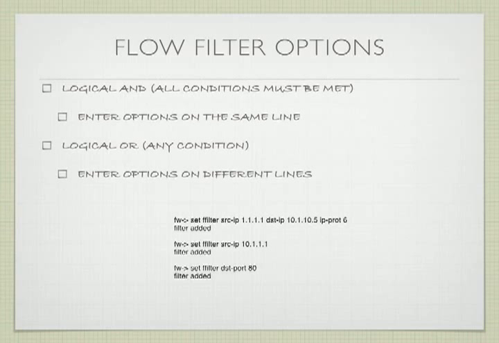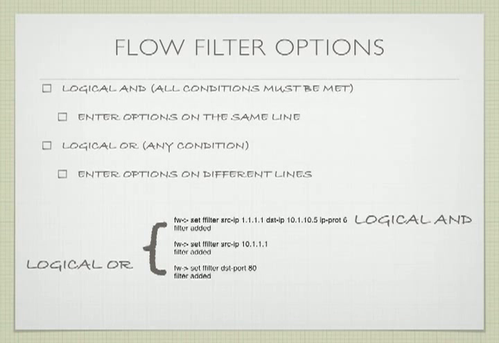So this is what that looks like. Here are 3 filters being set on the ScreenOS device. This is a logical AND. All 3 of these conditions have to be met before the device will capture that traffic to the buffer. And these are logical ORs. Any traffic matching any of those 3 conditions will be sent to the buffer.